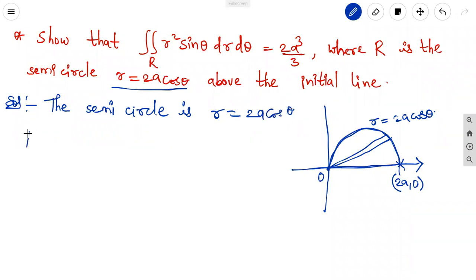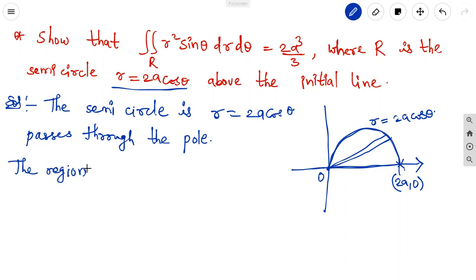It passes through the pole. The region of integration over R is shown in the figure.